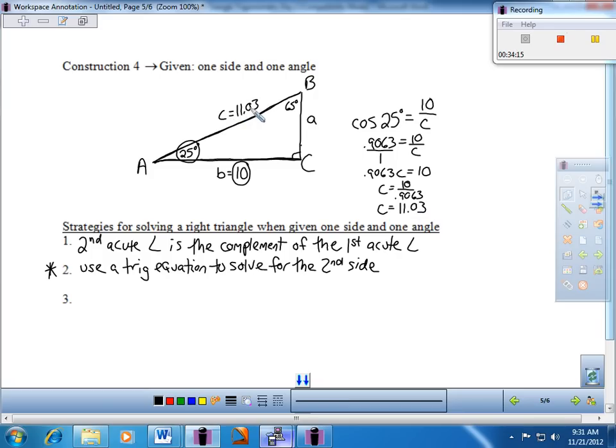Now, there's only one way to figure out if you did yours correctly. Measure your hypotenuse. So if you set up a trig equation and solved for little c, it should be equal to that measurement. So literally, grab the ruler, please. Measure from here to here. For me, it is exactly 11.03. Absolutely perfect.